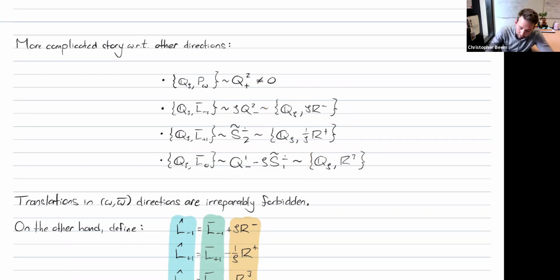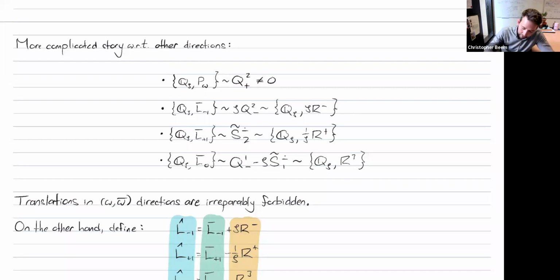You can't do the same with this one; you can't get that by some other commutator. So translations in the transverse W, W bar directions are irreparably forbidden. You can't move around in those directions while being compatible with the truncation to Q cohomology.